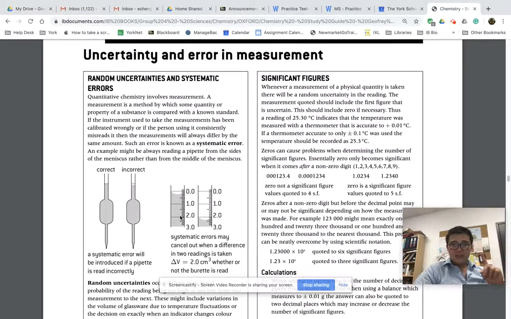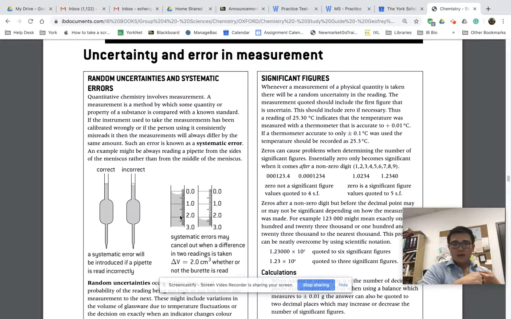However, systematic error happens over and over and over again. Let's say the person who's reading it is always misreading it, or the scale is consistently off, because you put the scale right underneath the air duct, so it's always 0.5 gram off. That would be a systematic error.